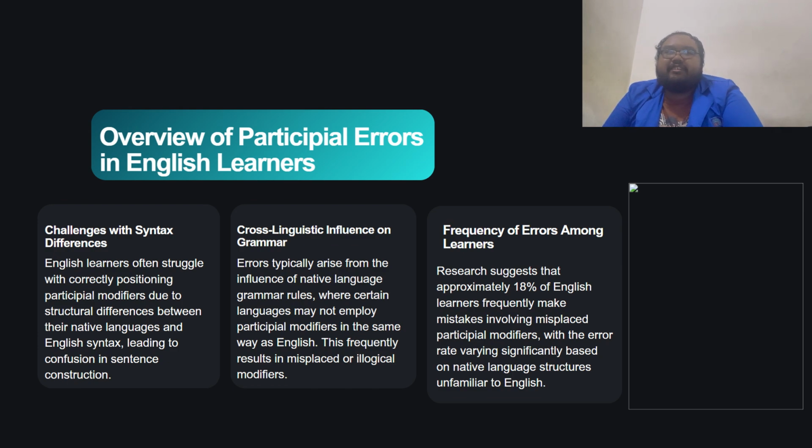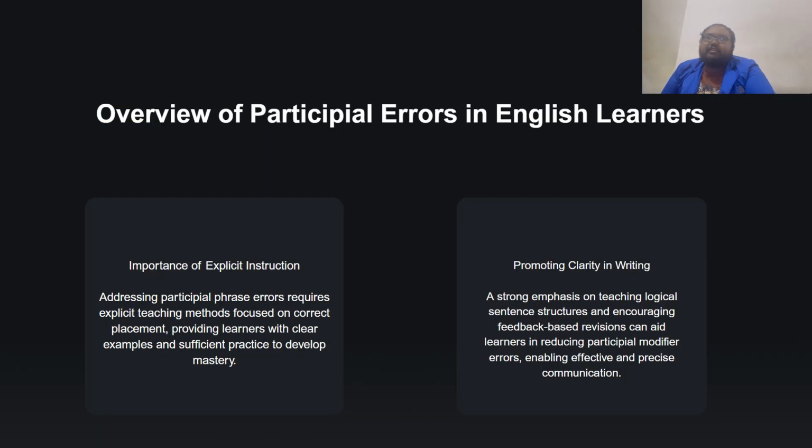Frequency of errors among learners. Research suggests that approximately 80% of English learners frequently make mistakes involving misplaced participial modifiers, with the error rate varying significantly based on native language structure unfamiliar to English. Importance of explicit instruction.